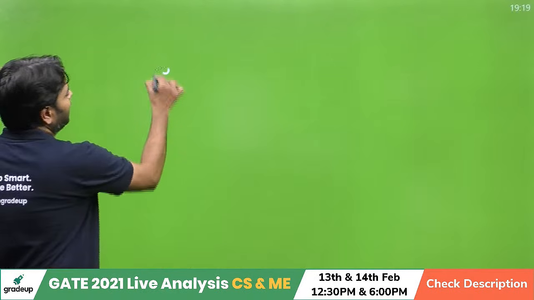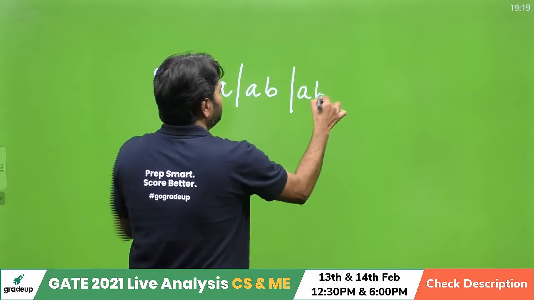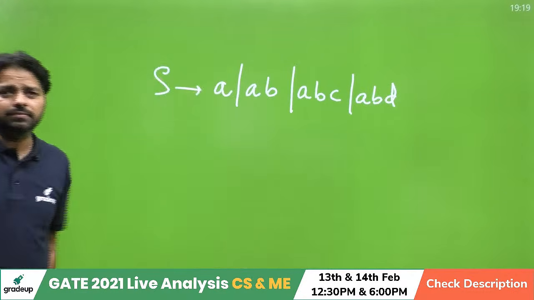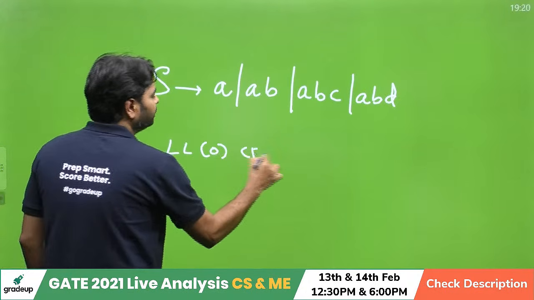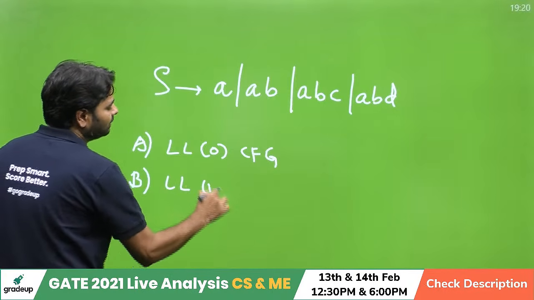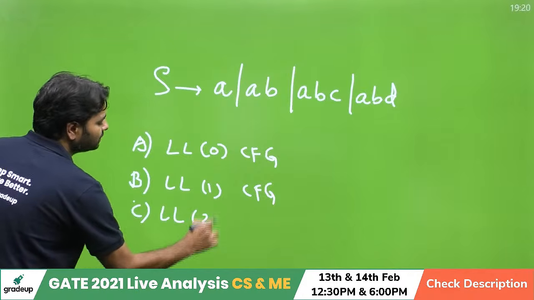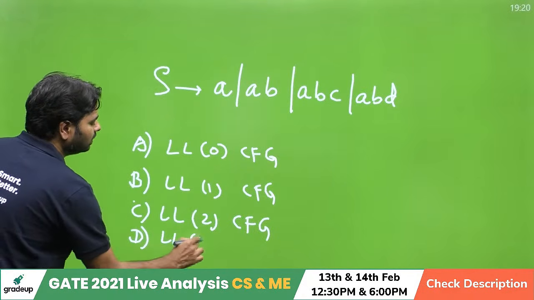Now there is a good example I have. A or AB or ABC or ABD. Tell me which grammar it is. I have one question for this. Is it LL0 CFG? Option A. Option B, it is LL1 CFG. Option C is LL2 CFG. Option D, LL3.